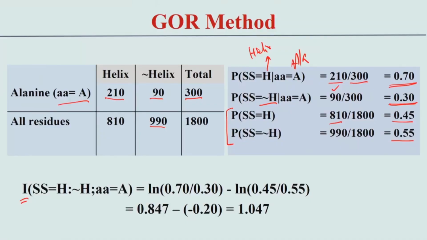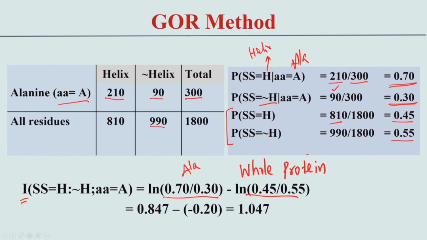So, you can see the probability of alanine in helix is given as the logarithm of 0.7 by 0.3, this is for alanine, and here this is for the whole protein. Now if you calculate this, this is equal to 0.847, minus this logarithm, which is minus 0.2.